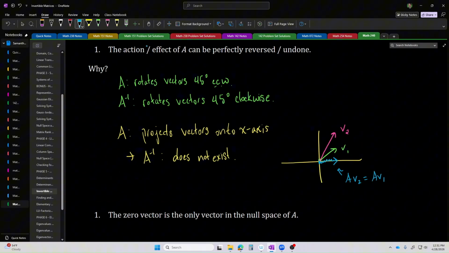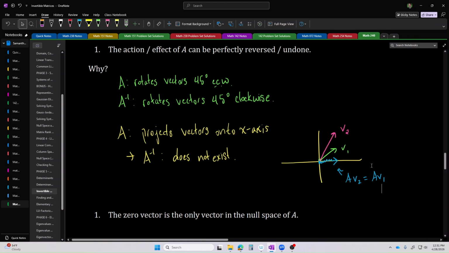By applying the matrix A, we've lost the distinction between these two vectors. So this projection matrix destroys too much information, and we are not able to perfectly reverse or undo that action of projection.